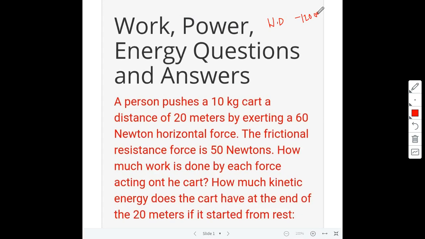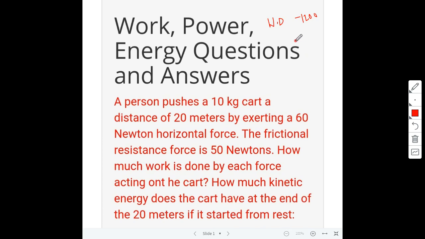So it's actually the opposed force. If you are trying to move in forward direction, the ground applies a frictional force in reverse, in opposite direction. So this has to get a minus because it's opposing it. It's a resistance. So it is 50 times 20, that is 1000 joules, and this is a negative work done.